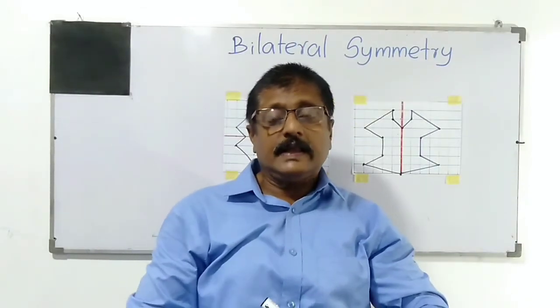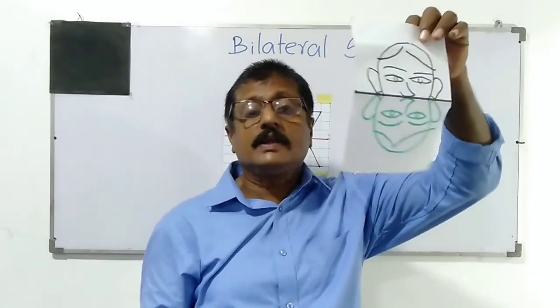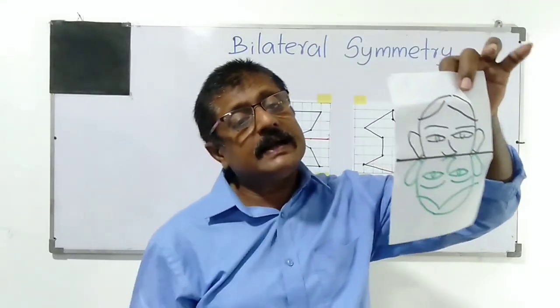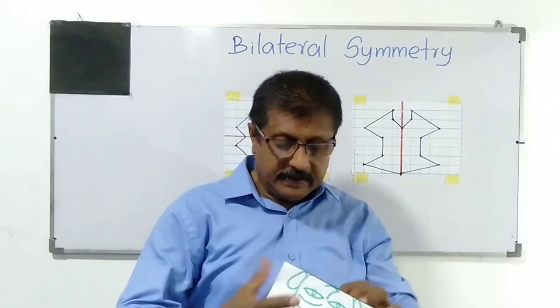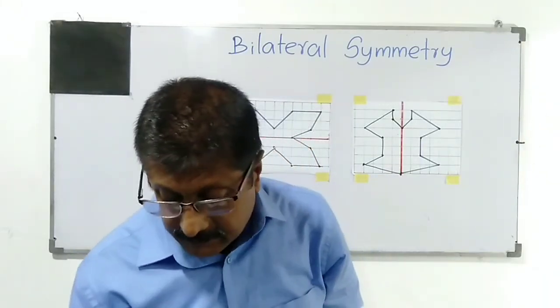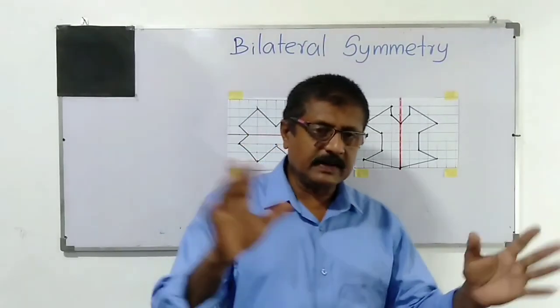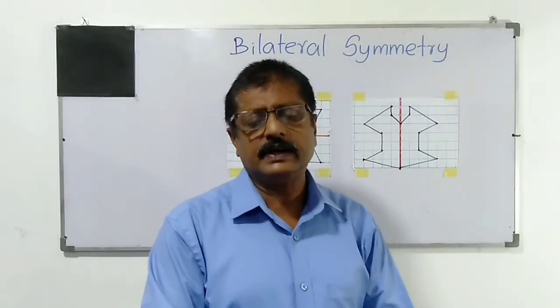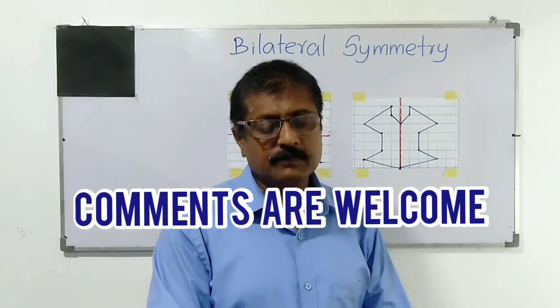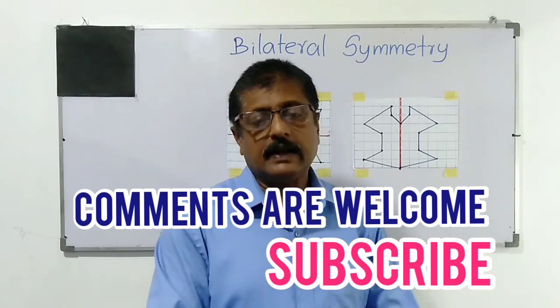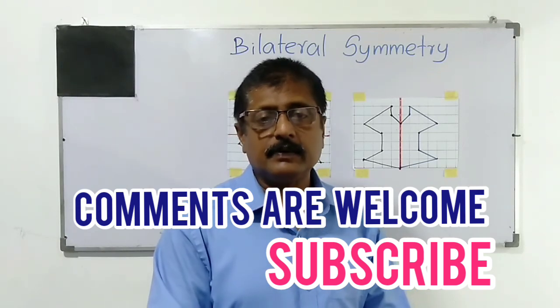Be careful that it is not the other half of the face. It is the other half of the bilaterally symmetric figure. Alright, that's all that we have to discuss for grade 7. That's all what you have to learn in this lesson. So, let's meet in another video. Wish you a very good day.